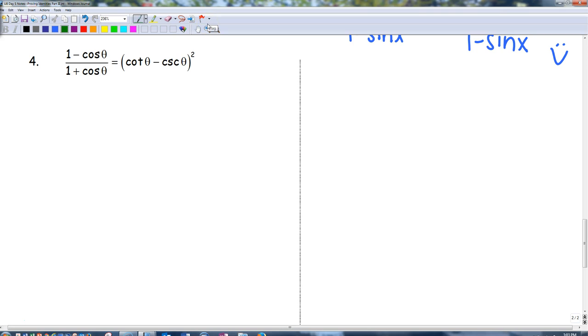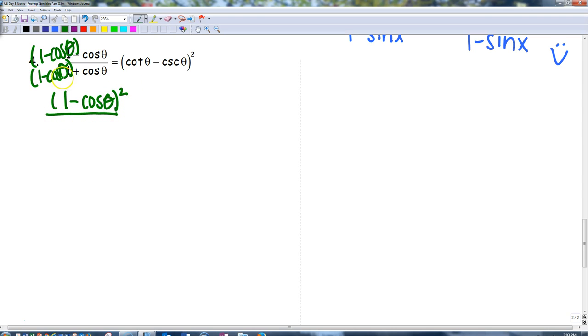So, all right, let's start with the left. What I'm going to do with the left is I see this 1 plus cosine theta on the bottom. What I want to do is see if I can change that in some way. The best way I know how to do that is to multiply by 1 minus cosine theta. And what that does for me is it gives me the squared on top.